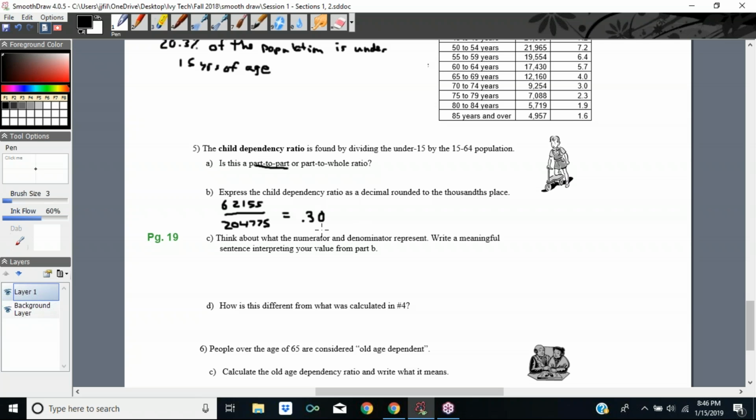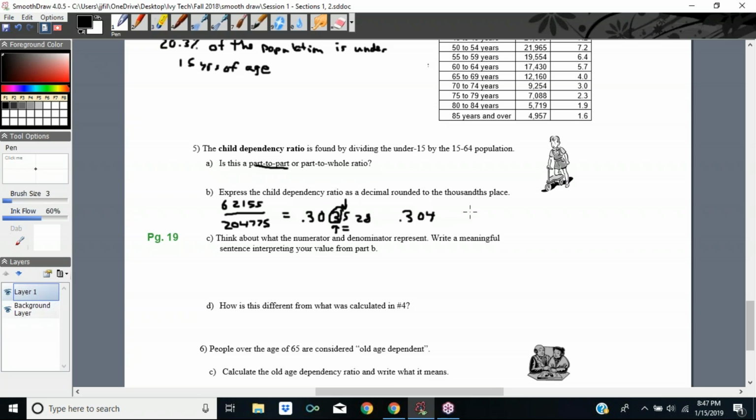I get 0.303528. And since we're looking at the thousandths place, we have to look to the right of it to decide whether this 3 stays the same or goes up. And since this number is 5 or greater, our rounding place goes up, so it would be 0.304.